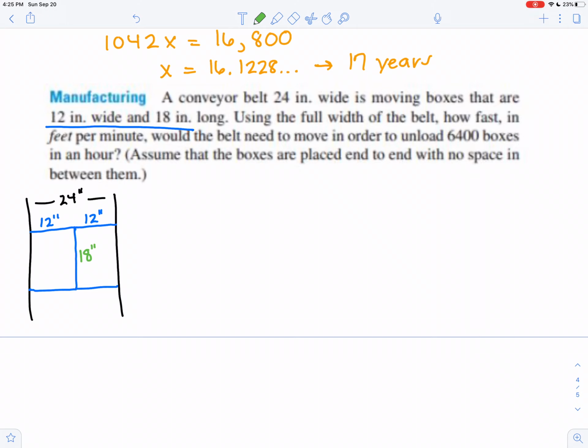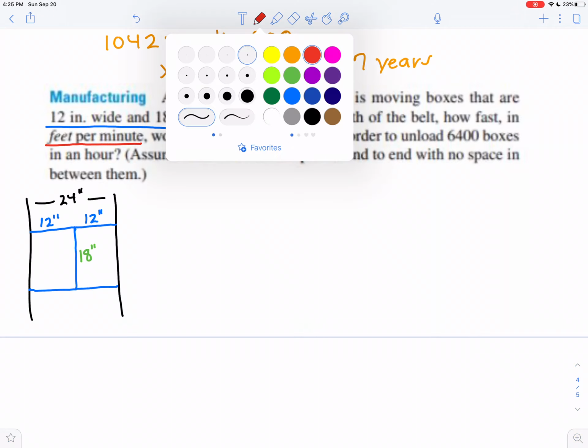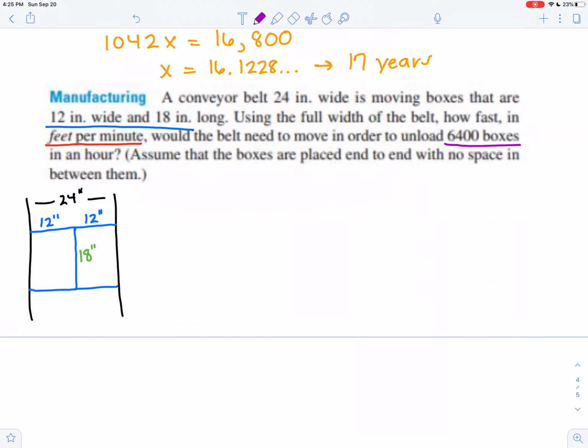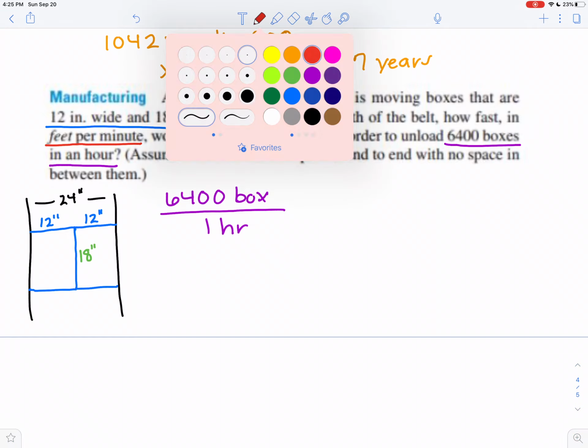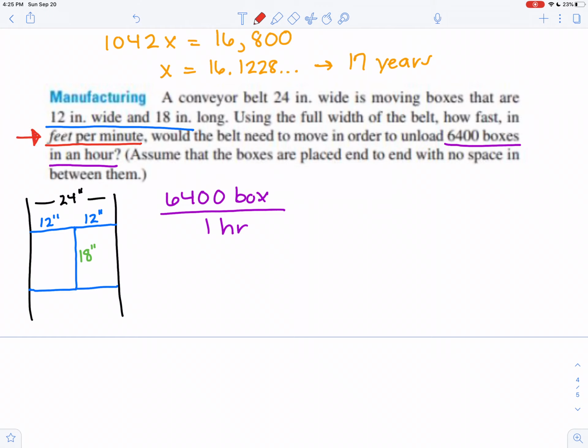Now, the question here is, using the full width of the belt, how fast, and notice our units here, we want them in feet per minute, would the belt need to move in order to unload 6,400 boxes in an hour? So let's start with the rate that we're given: we need to move 6,400 boxes in 1 hour. And where we're trying to get to is a number of feet per minute.